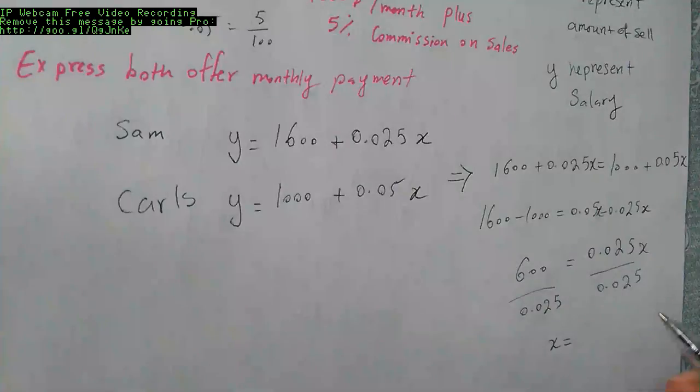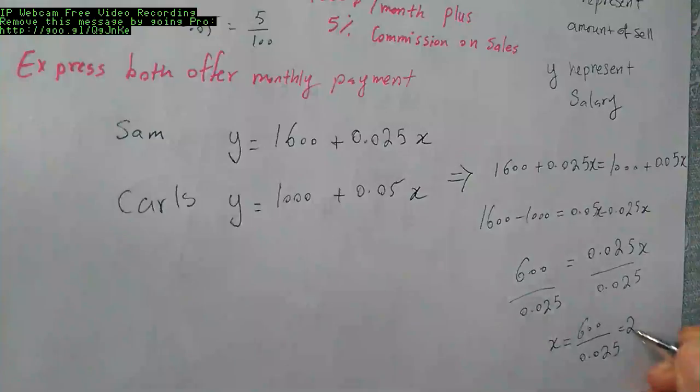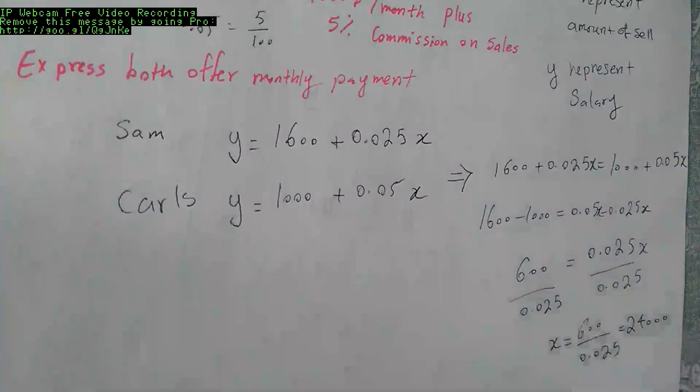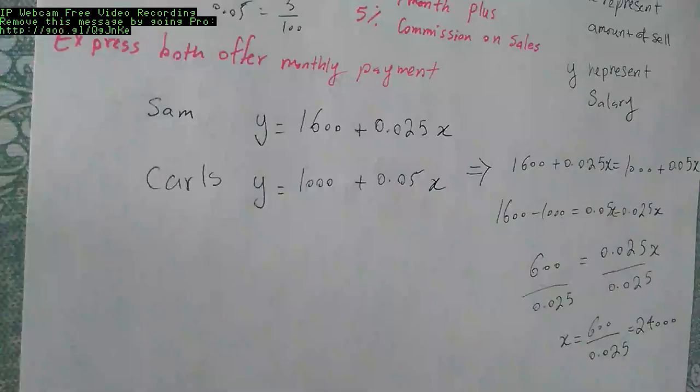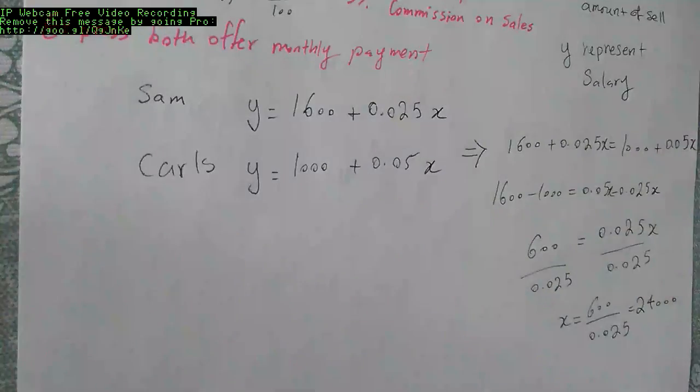So the point of intersection is going to be 600 divided by 0.025. I would like to see what is that number. 600 divided by 0.025 is 24,000. So this is the point of intersection between these two lines.